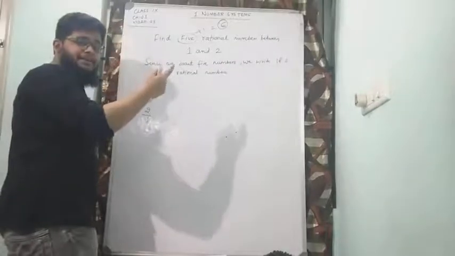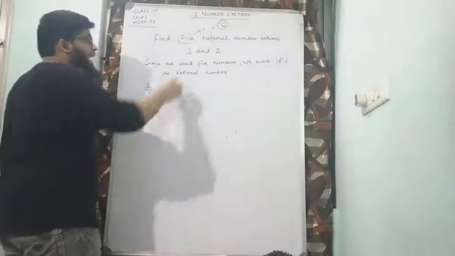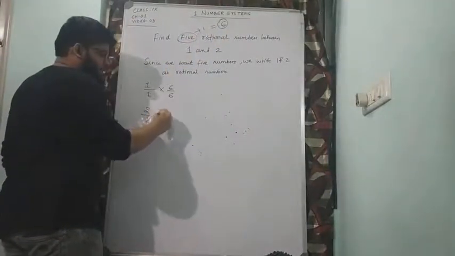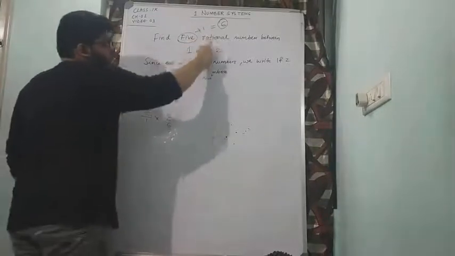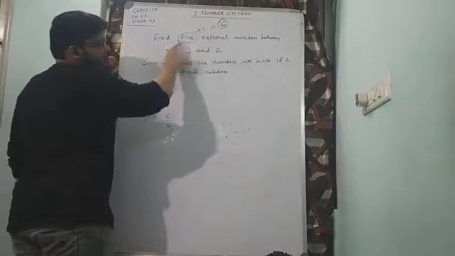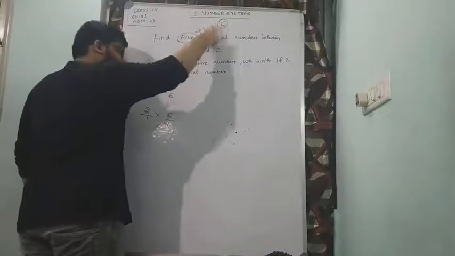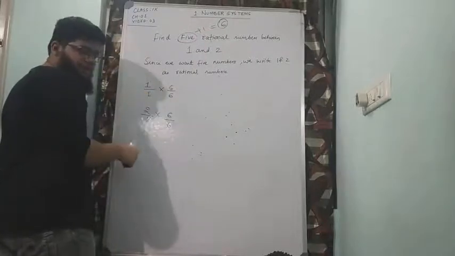So we have to increase it by 1. I'll tell you the reason why we are increasing it by the end of the problem. Then multiply this value both with numerator and denominator, like this. How many rational numbers should you find? 5. Along with that add 1, it becomes 6. This 6 should be multiplied once with the numerator and once with the denominator for both values.